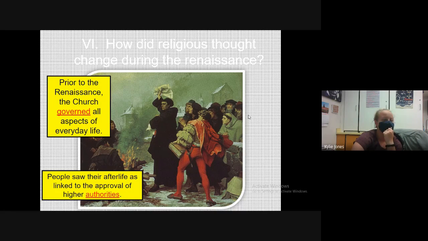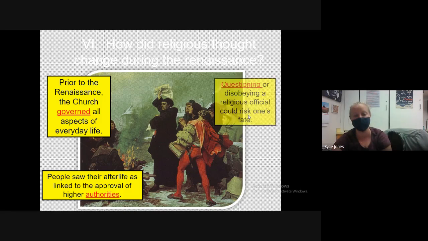So where you went in the afterlife was connected to whether or not the people above you, like in status, approved of your life. Any questioning or disobeying the religious officials would risk one's fate, which means they might kill you if you question the church.